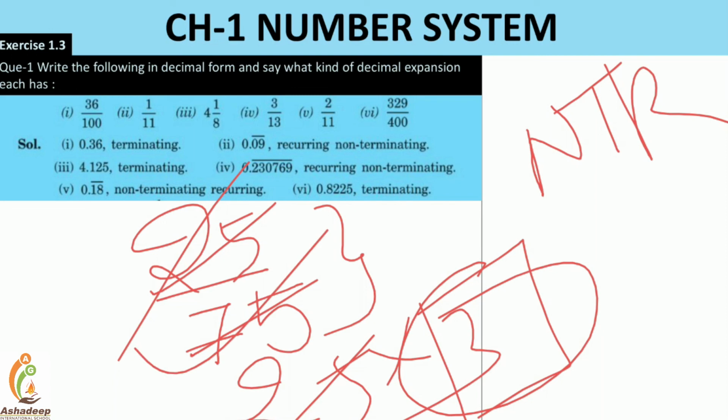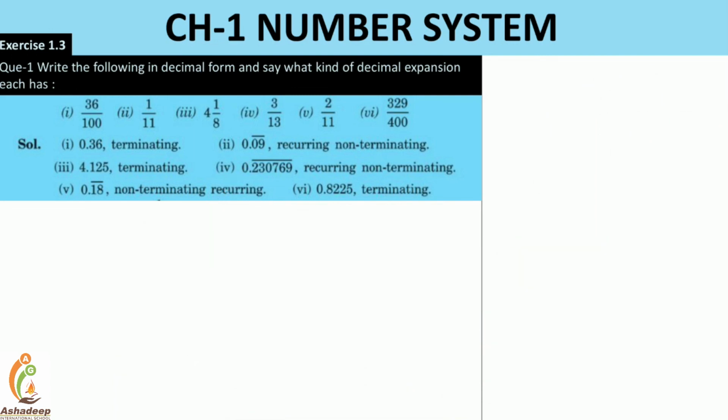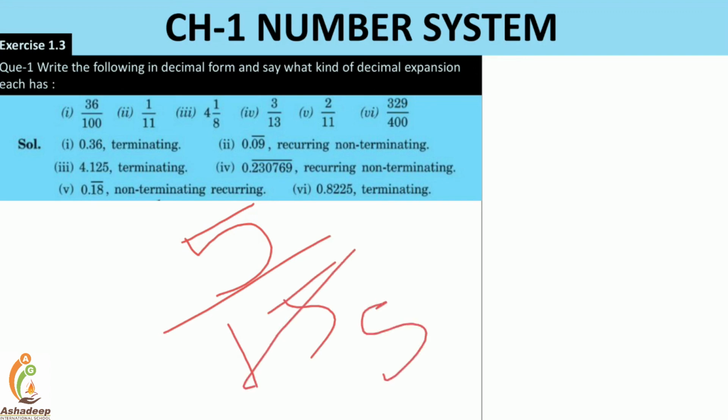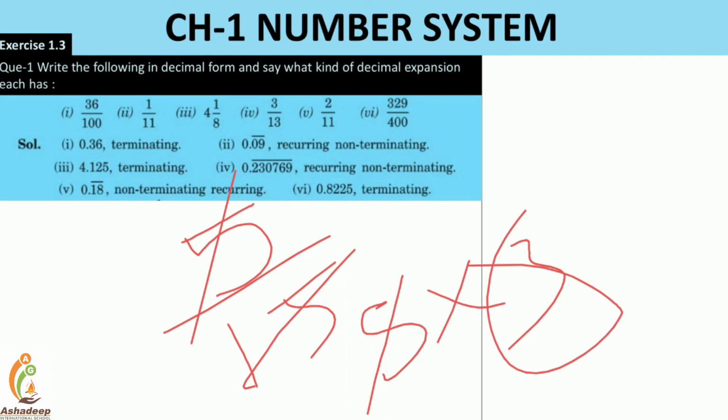By seeing you might think that this number might be terminating, but after the calculation you can see here in the denominator there is a 3. Similarly, 5 by 15: 15 is nothing but 5 multiplied by 3, 5 cut. So in the denominator there is a 3. That is why it is non-terminating recurring.